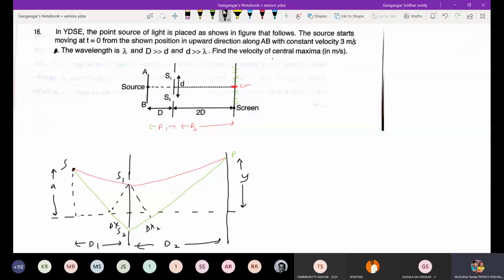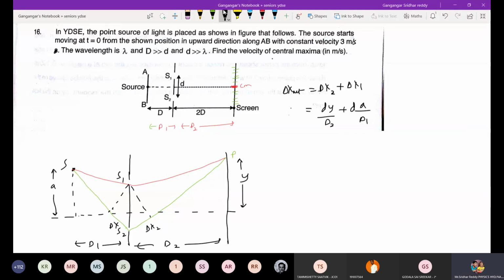So the net path difference is delta x2 plus delta x1. Like in previous classes, delta x2 should be equal to dy by capital D, and delta x1 should be equal to a d by d1, and this should be equal to n lambda.